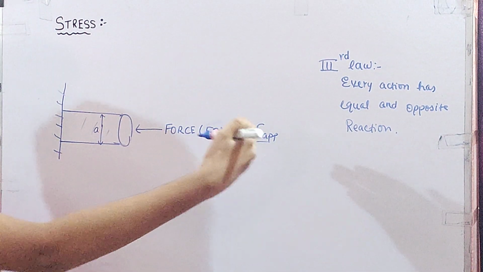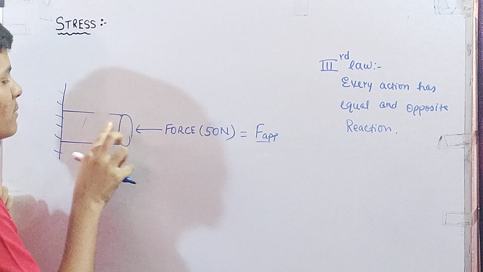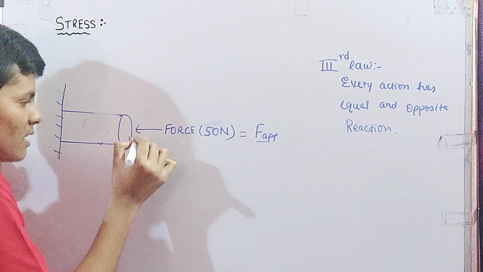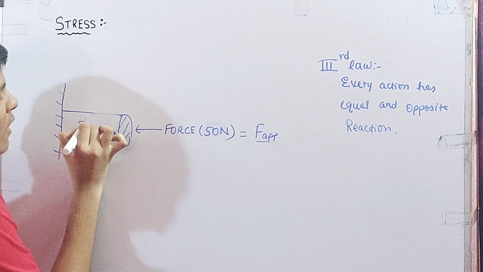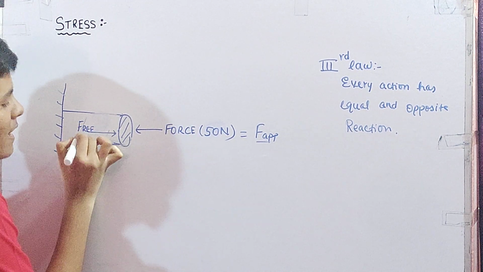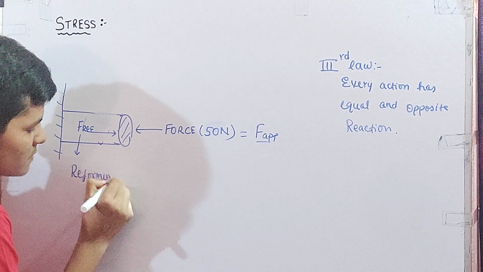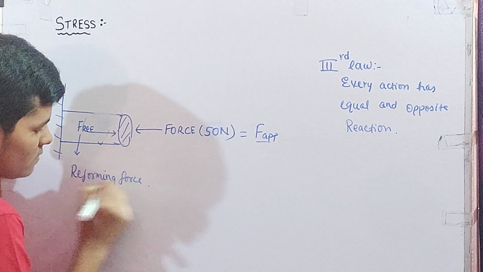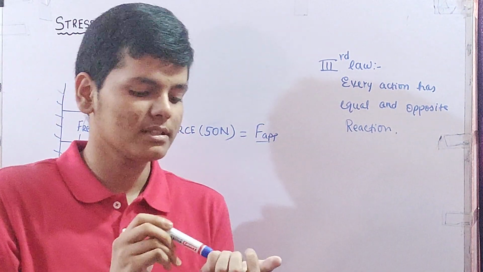Now whenever you apply a force on the body, the body also applies force back on you. The body will also apply some force on you, and that will be called F ref. This is called the reforming force. For example, this is a marker.